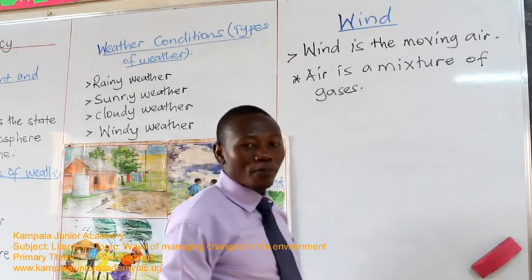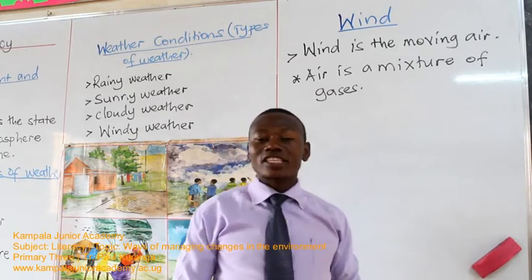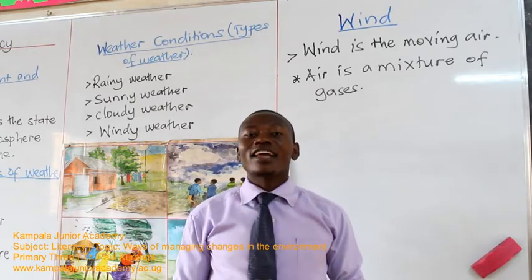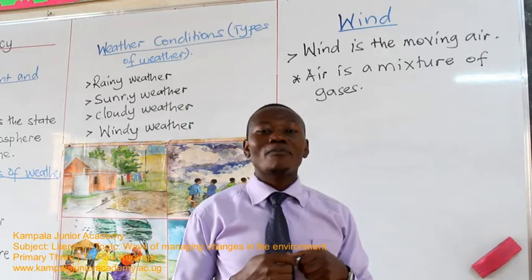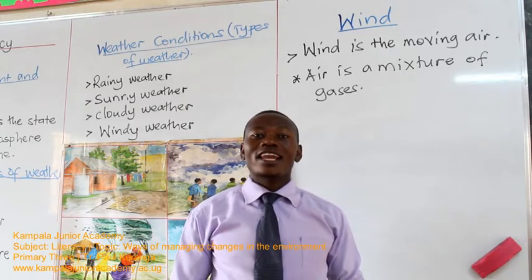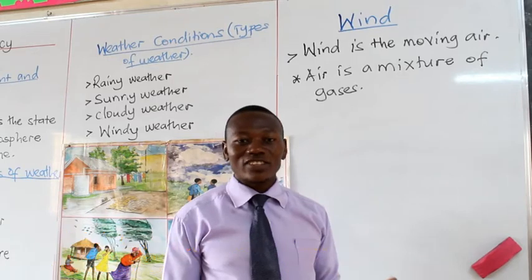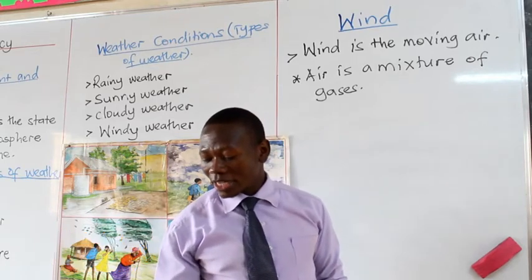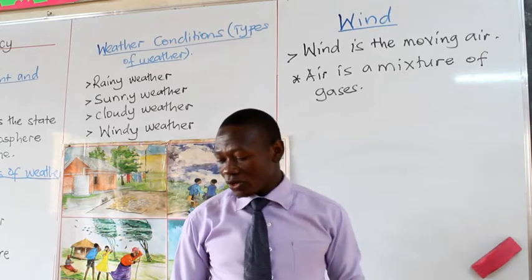I'll give you an example. The gas that you breathe in is called oxygen, and the one you breathe out is called carbon dioxide. Then others are rare gases and nitrogen. So we shall learn about all that in time to come.